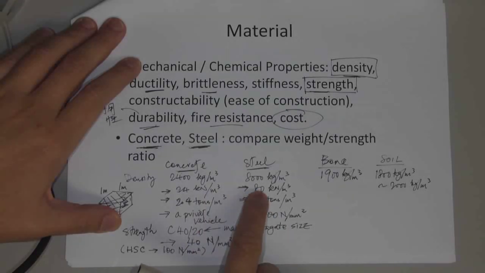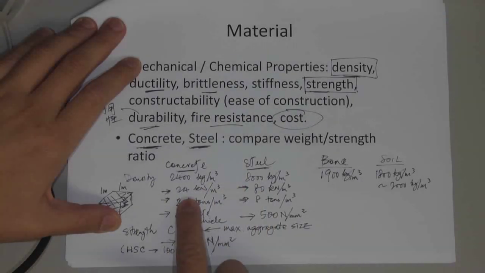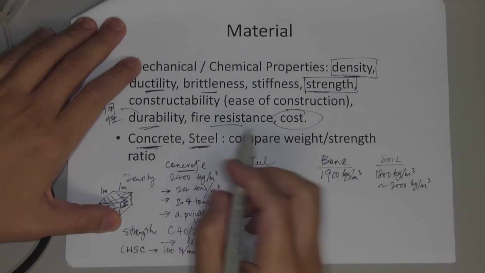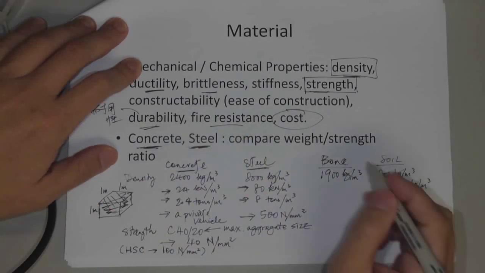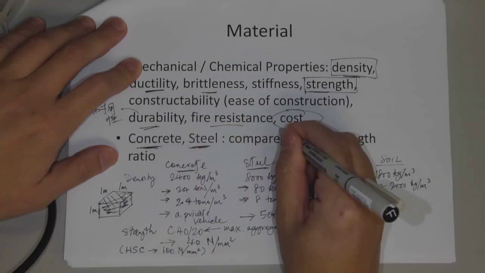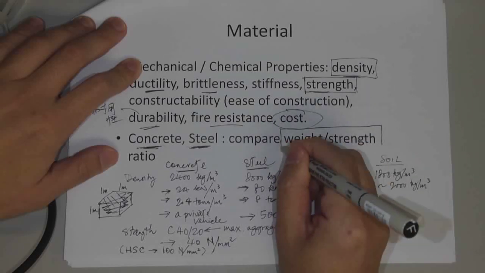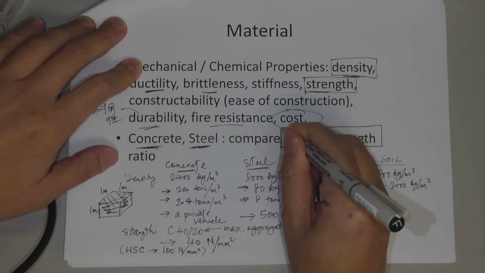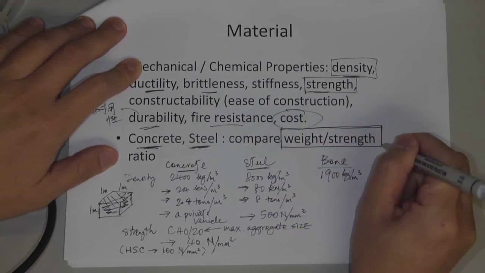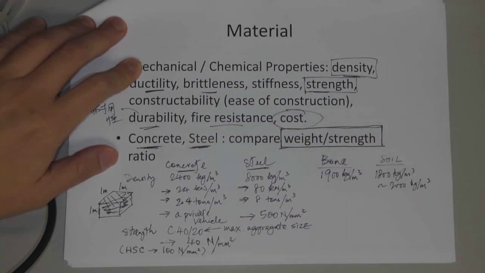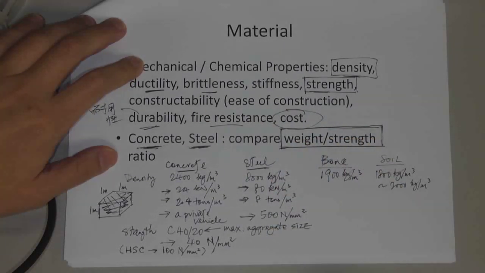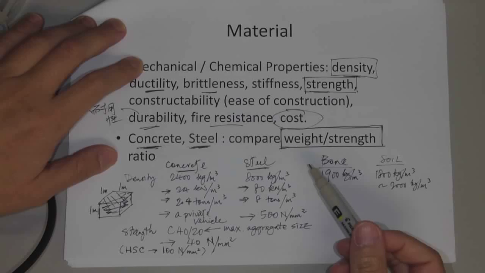It's more than 3 times heavier than concrete, but it's more than 10 times stronger than concrete. So as a whole, if you compare these two materials, it's better to describe in terms of this ratio, not just one of them. If you compare the weight to strength ratio, of course, steel is much better.